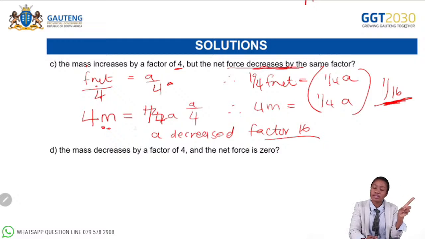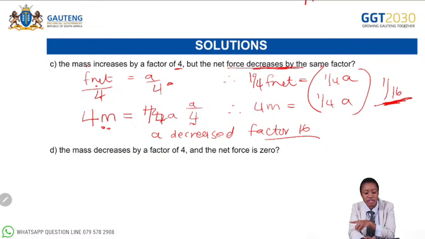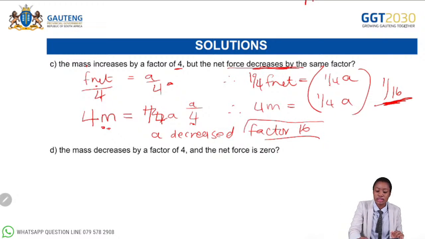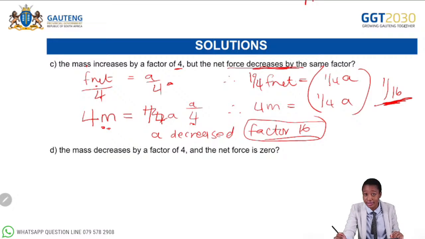We increase the mass, we decrease the acceleration by a factor of 4. So it's basically 4 times 4. We decrease acceleration by decreasing force by 4, and we increase mass by 4, therefore we decrease acceleration by another 4. So it will decrease by a factor of 16.